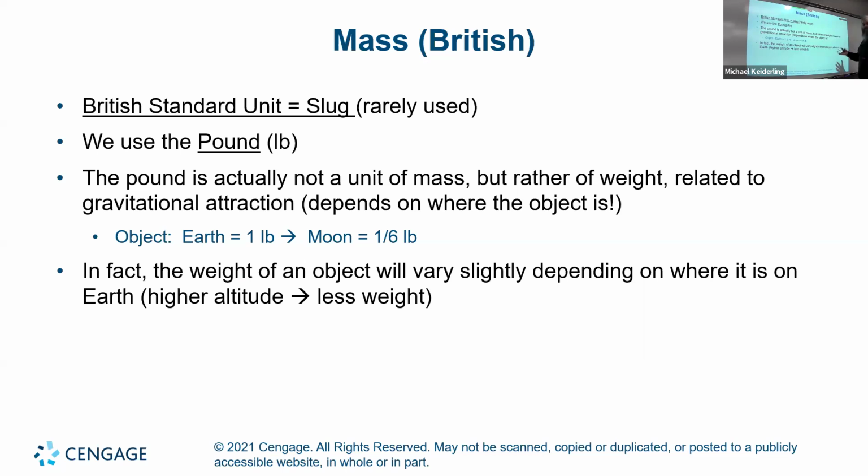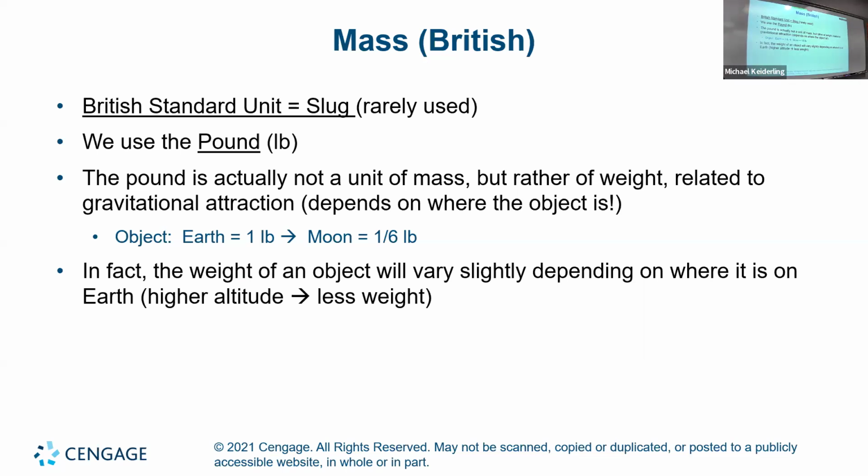But if something weighs 1 pound on Earth, if you take it to the moon, it will weigh 1/6 of a pound because gravity is 1/6 as strong on the moon. And in fact, the weight of an object will vary slightly depending on where it is on Earth. If you go to a higher altitude, you'll have less weight because you're further from the center of the Earth. Similarly, as you travel south, closer to the equator, you also end up having slightly weaker gravity.